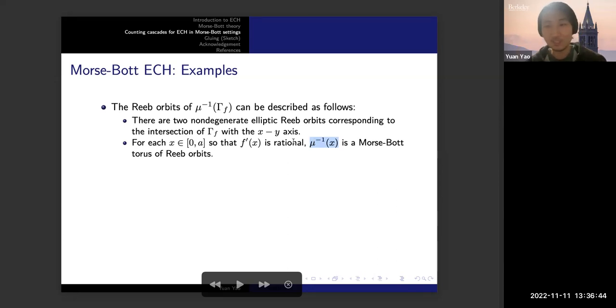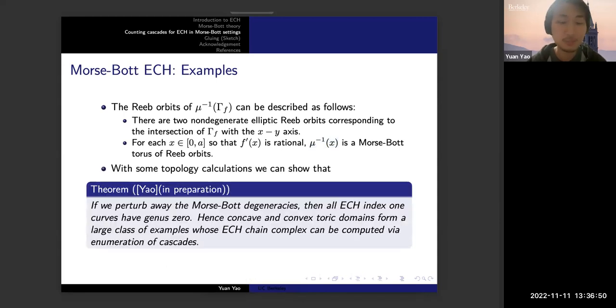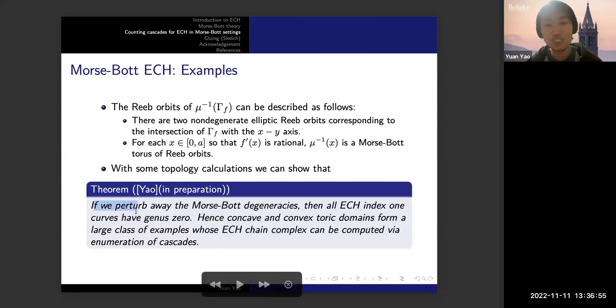So there are lots of Morse-Bott tori in this contact manifold. With some topology calculation, you can show that if you perturb away all the Morse-Bott degeneracies, then all ECH index 1 curves have genus 0. Hence, the previous corollary applies. So at least in the case of concave and convex toric domains, you can compute the ECH chain complex using some count of cascades. So there's some content to the theorem I described.